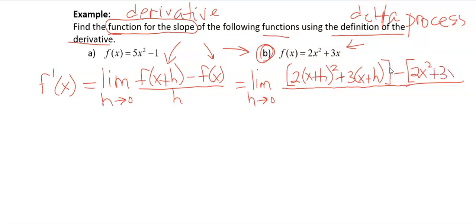Now you see what's going to happen to that plus 3x? That plus 3x is going to become a minus, over h. So after this, the rest is just being very, very careful with your calculations.